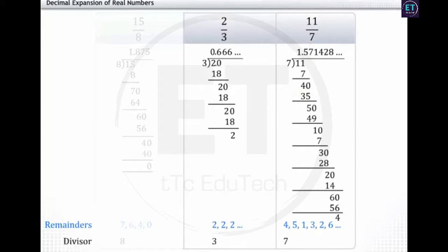In the second and third case, the remainder never becomes 0. In these divisions, the remainders repeat after a definite stage. Here, these blocks of digits repeat in the quotient of the divisions.